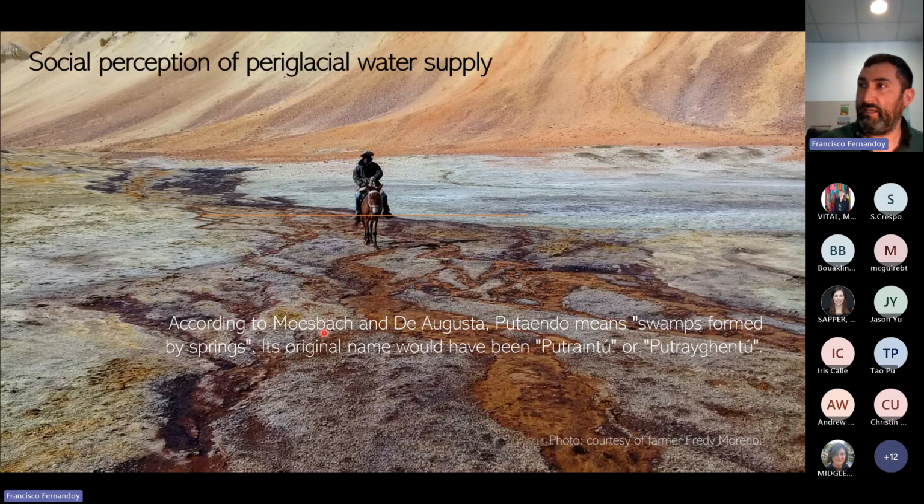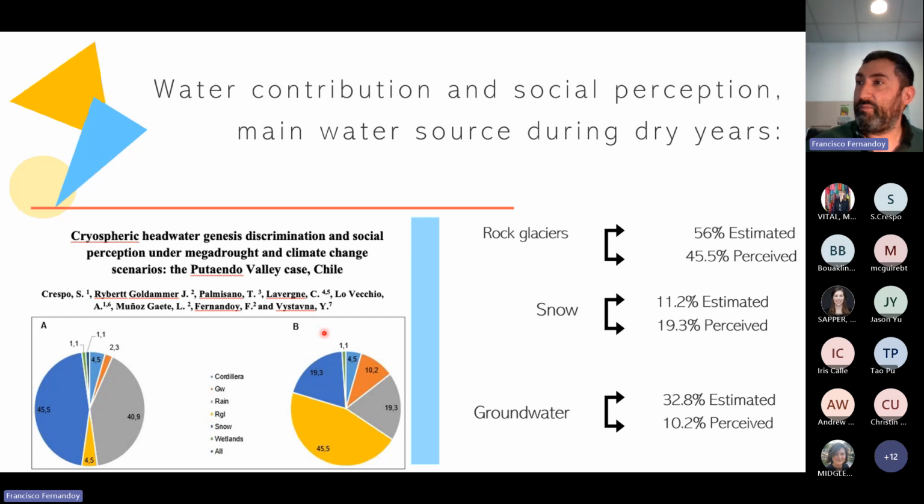So this is a study that we are carrying out, and it's under review now, showing that the population is already quite aware that the glaciers are really important for the water supply of the territories. For example, here we see what we estimated using geochemical data of the importance of glaciers to the runoff, but the people already perceive that the glaciers are important. So they know that rock glaciers are a really important part of the water cycle.